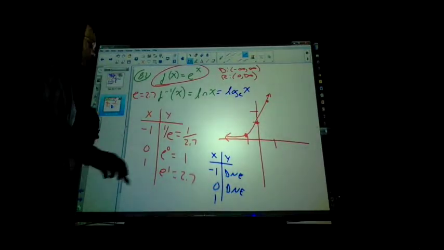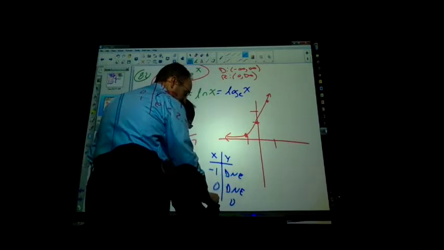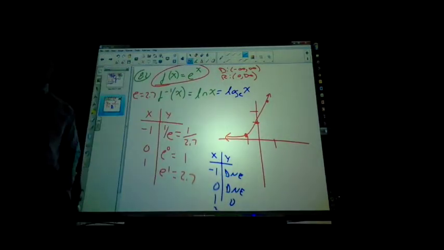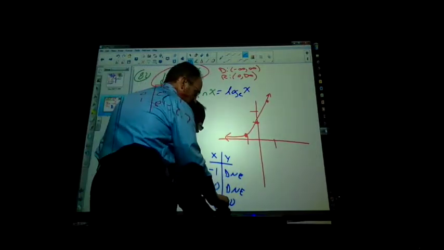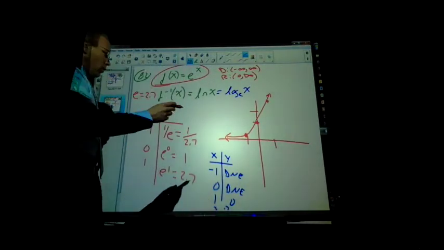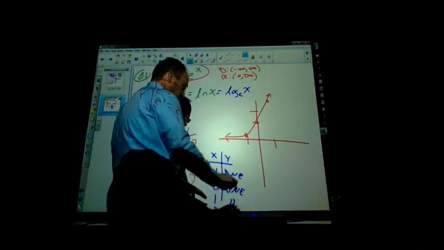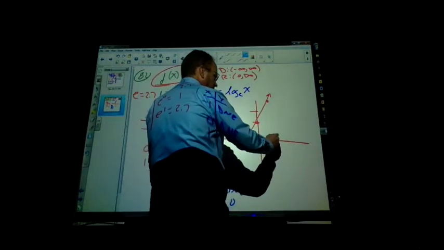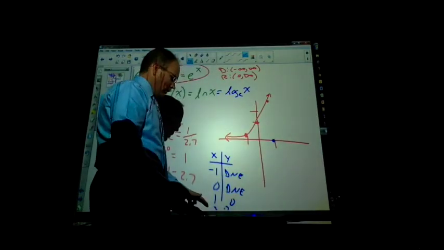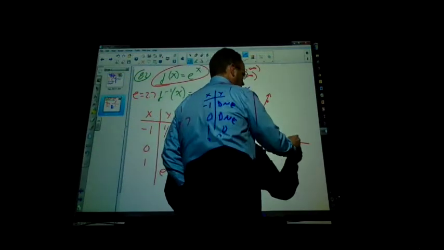Zero. ln of 2. Oh, I gotta squeeze it. 0.69. It's about 0.7. Okay. So -1 doesn't work. 0 doesn't work. 1 comma 0. 2 comma 0.7.